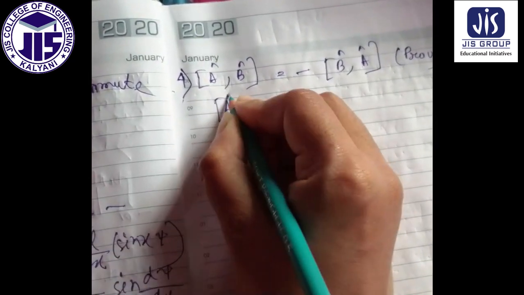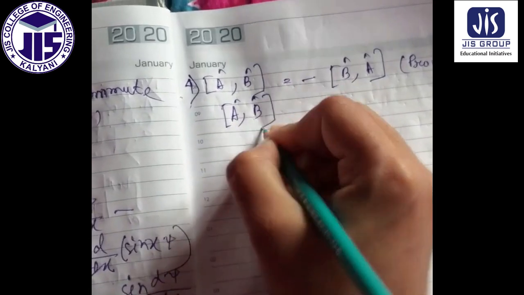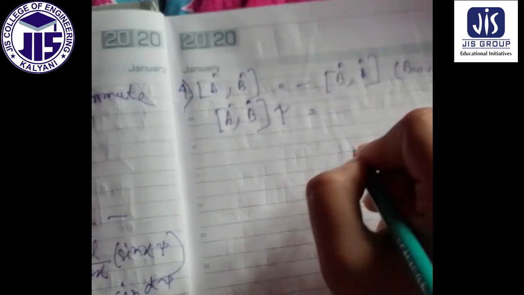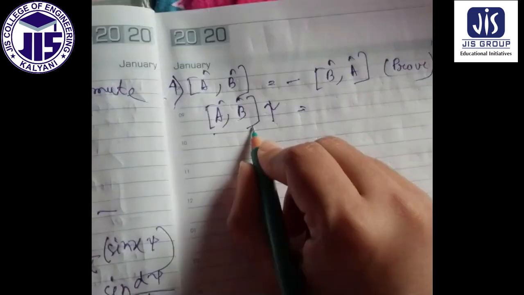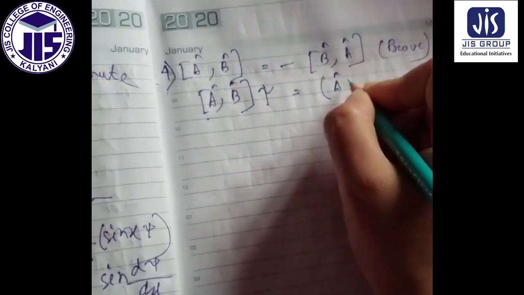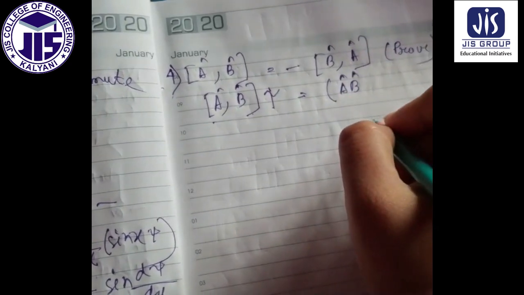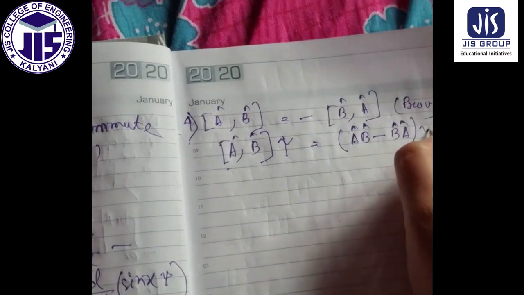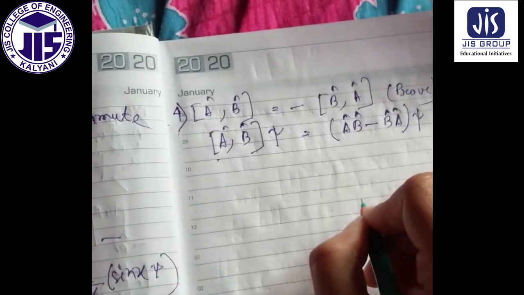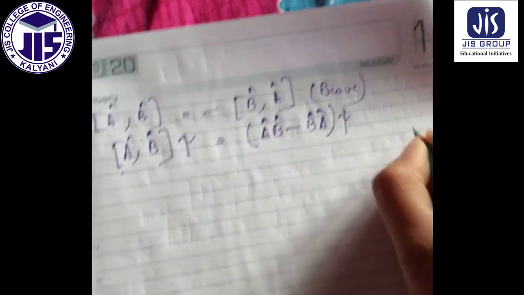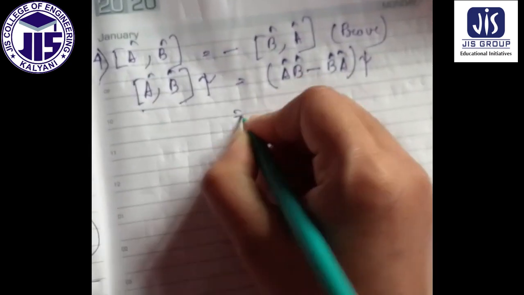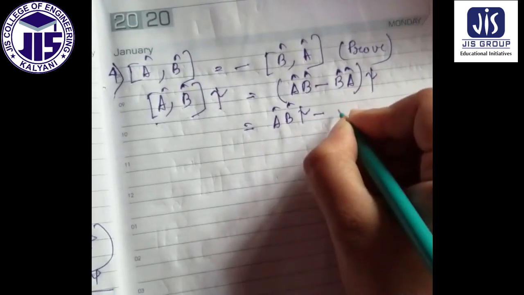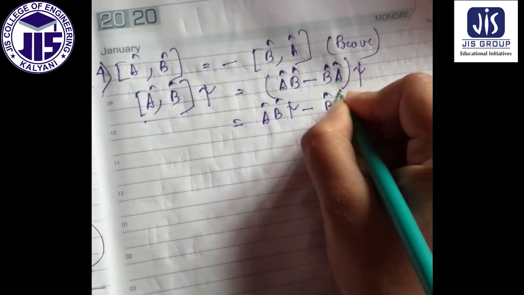First, [A, B]ψ is equal to, the formula is as we know already, (AB minus BA)ψ, which is equal to ABψ minus BAψ.